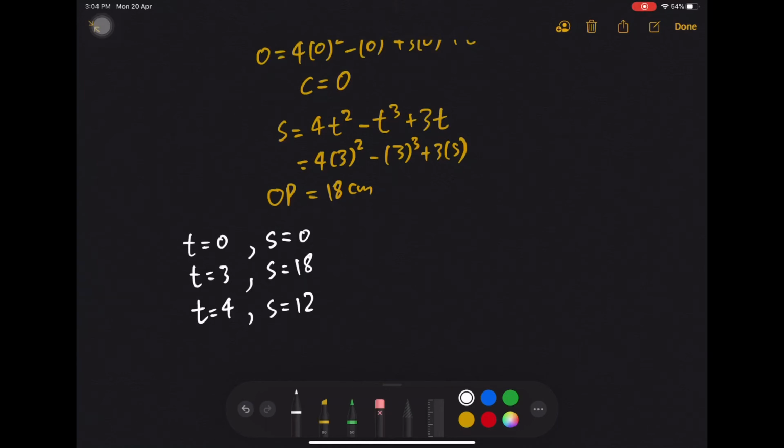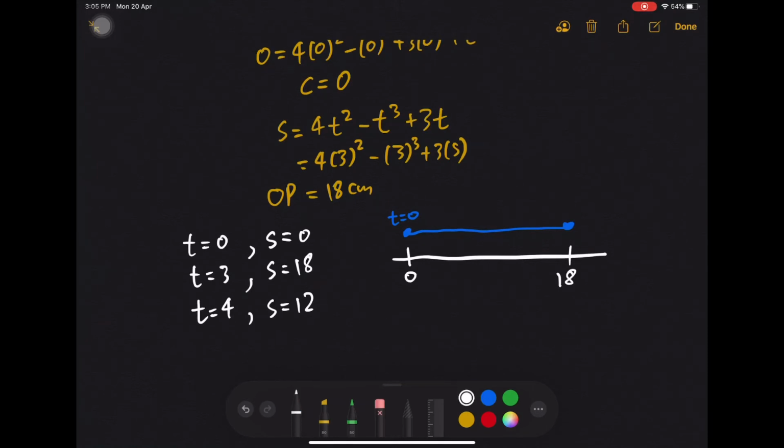This is a displacement equation. It is not talking about distance. So I'm going to draw the distance out for you to see. We have our 0 mark here, and the particle starts from time 0 and travels all the way here. Sorry, I should take this as 18, so I have 18.